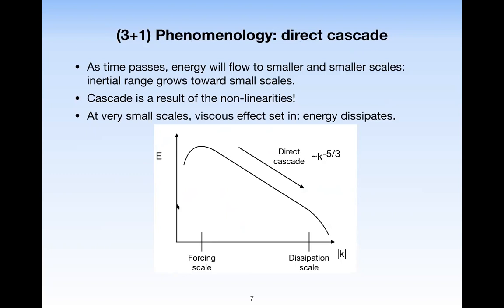So let's imagine that we have our sample, and at some time t = 0, we inject a few vortices of a certain scale. Now, because of the nonlinearities of Navier-Stokes equations in 3+1 dimensions, these vortices will start breaking up.